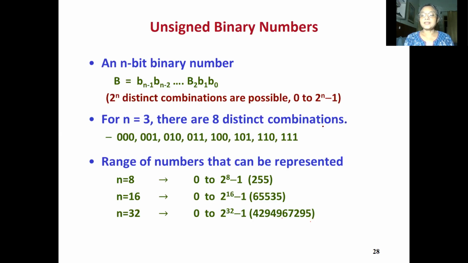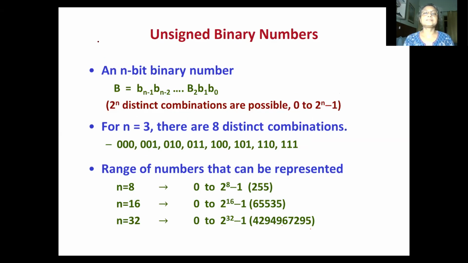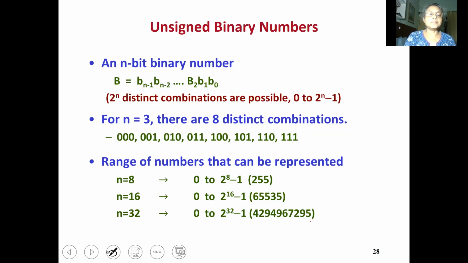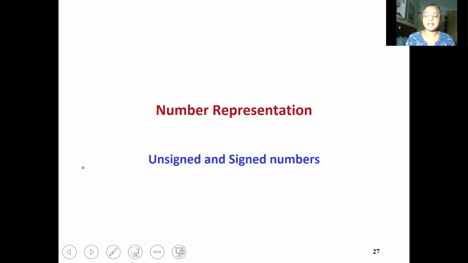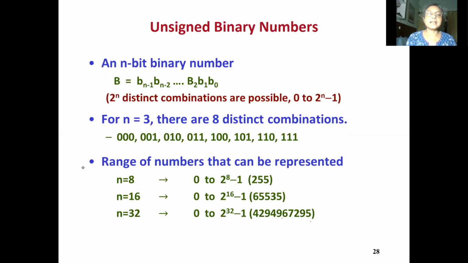First of all, if we have unsigned binary numbers and we have n bits, each bit can be 0 or 1. And we have seen that using n bits, we can represent the numbers from 0 to 2 to the power n minus 1.